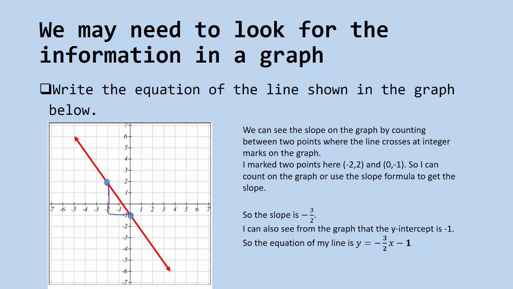So the slope is -3/2. I can also see from the graph that the y-intercept is -1 because I can see it visually right on the graph. So the equation of my line is simply y equals -3/2 x minus 1, because I've simply plugged in the slope and the y-intercept into y equals mx plus b.